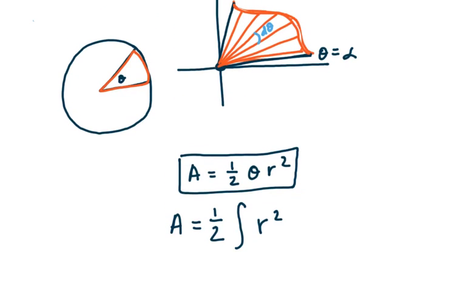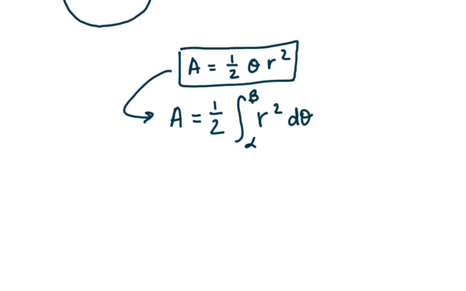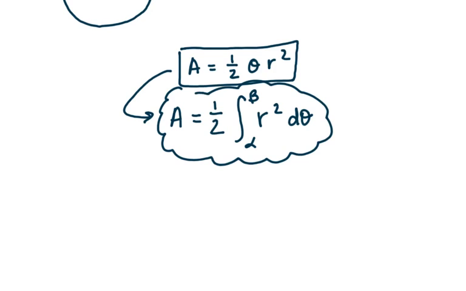So we're looking at our radius equation and we're seeing how it's changing with respect to theta. And so that's going from alpha to beta in terms of theta. And this is how you find the area of a polar curve. So you will need to know this formula going into our next examples.